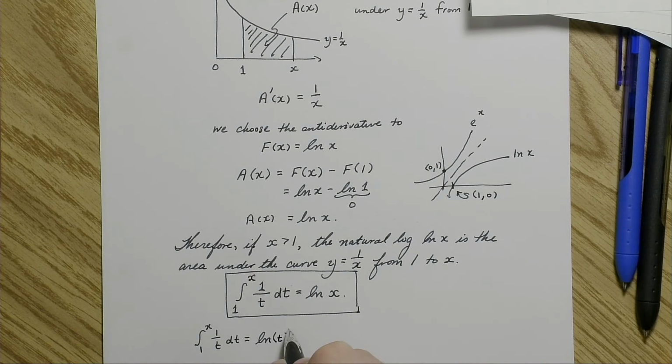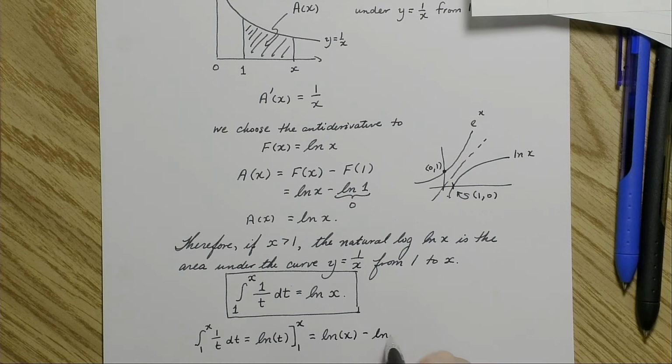So there's my t, and my limit is from 1 to x. And it's because of my area that I'll substitute in for t each of these, x and 1. So it goes from ln x minus ln 1, and that's 0. So again, that's ln x.